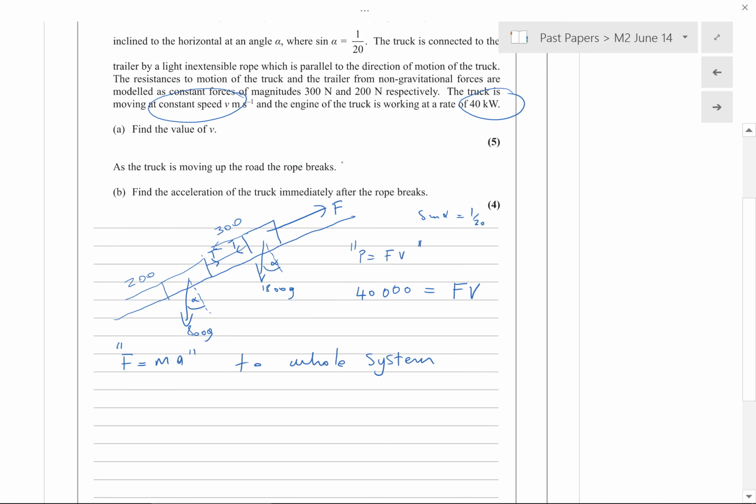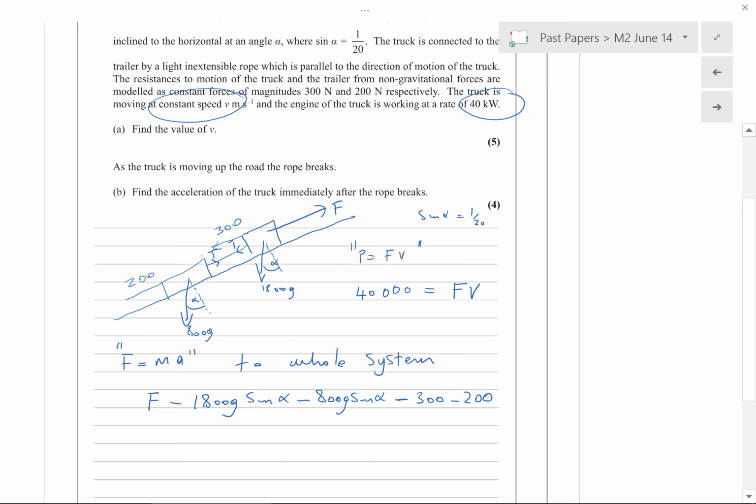So we've just got F going upwards, and we've got the components of the weights going downwards. So that's 1,800 g sine alpha minus 800 g sine alpha minus 300 minus 200.